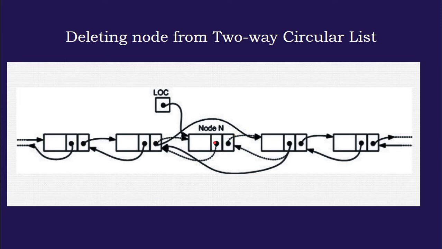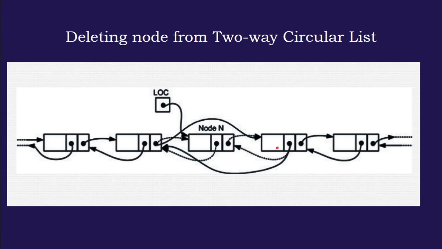So how to remove this? The forward and backward links have to be connected to the previously existing nodes. Whatever node you are going to remove is given to the LOC location, and then the backward pointer is redirected to the front of the previous node, and likewise the forward pointer is redirected to the backward of the next node.